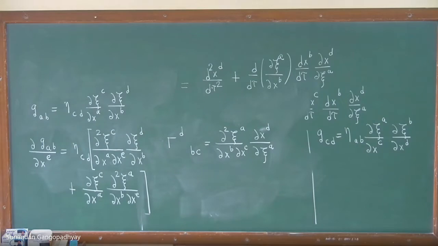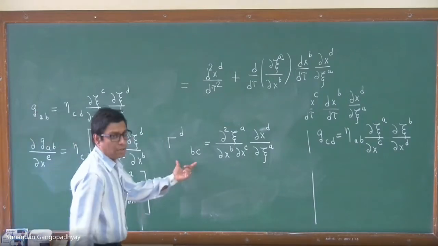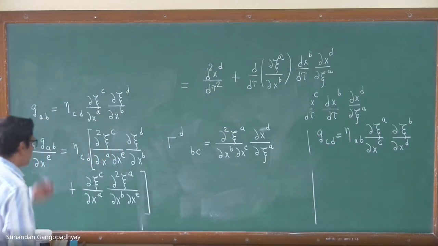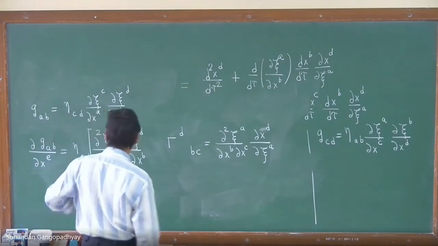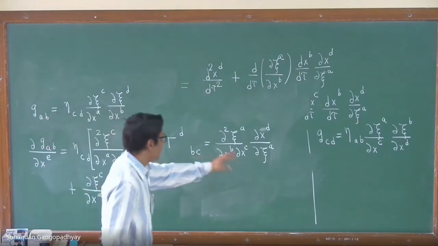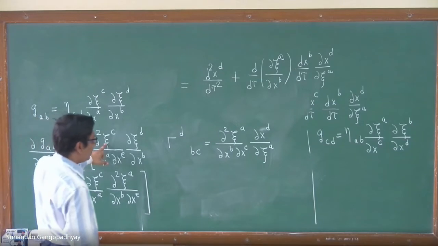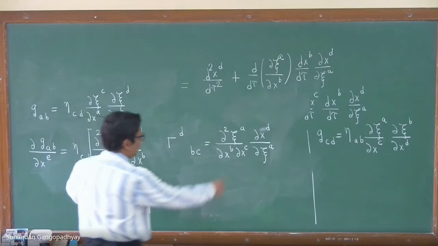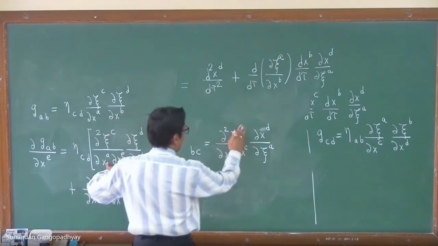What I shall do is try to replace this and this in terms of the gamma. That is our aim. If you do that replacement, you have to just keep track of the indices. Just replace this by c a e. Let me do it.